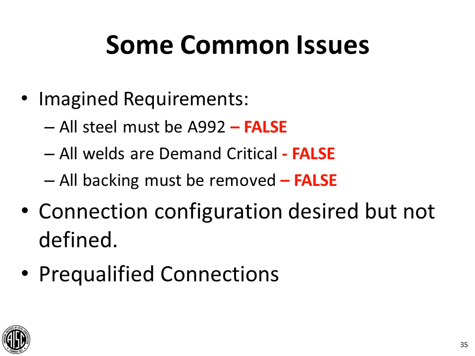So one of the big ones that comes up is the belief that all steel must be A992 or even that all steel must be grade 50 if you're designing a seismic project. And there is no requirement for this in the seismic provisions. In fact, if you go into AISC 358 with the pre-qualified moment connections, you'll see references where we specifically allow A36 steel to be used on plates, or grade 50 steel to be used on plates other than A992.